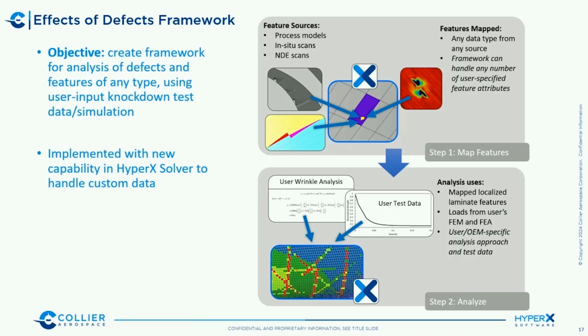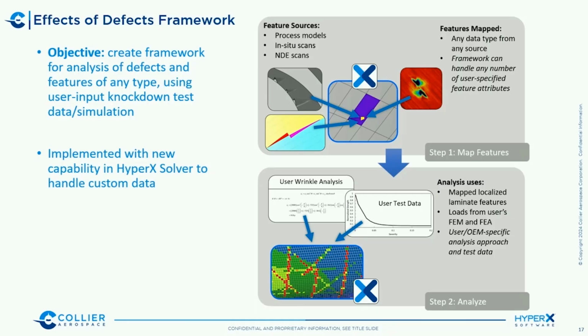So the general idea is that every OEM has their own ways of handling either composite defects or features or off nominal things, whether it be through knockdowns or some kind of simulation or anything else. So we have this two-step process to provide, like I said, a framework for them to plug in their own defect data, their own analysis methods, and so forth.